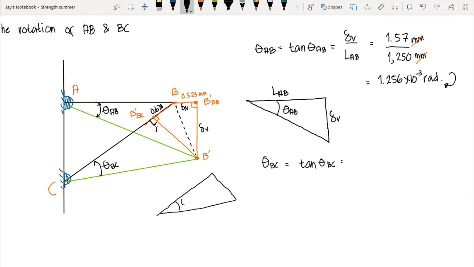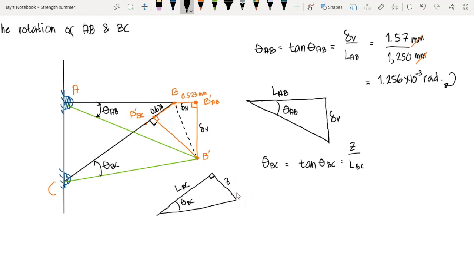This one is theta BC, this is 90 degrees, and this is the length of BC. We do not know yet what this length is, so let's say this is Z. So tangent theta BC is equal to Z, the opposite, over the adjacent length BC.